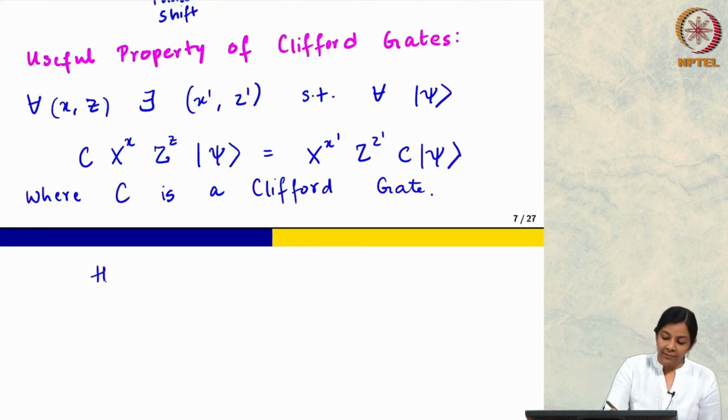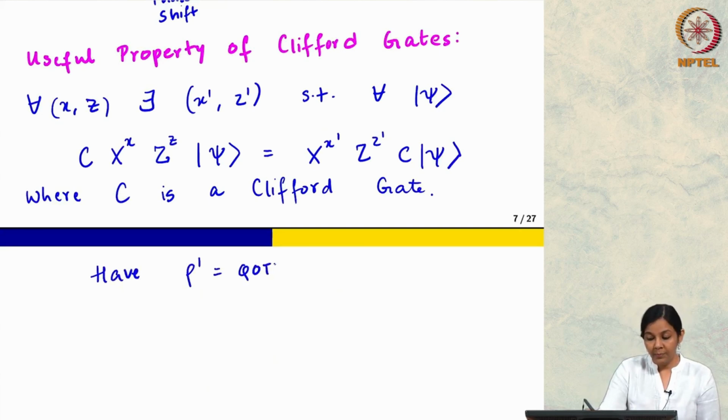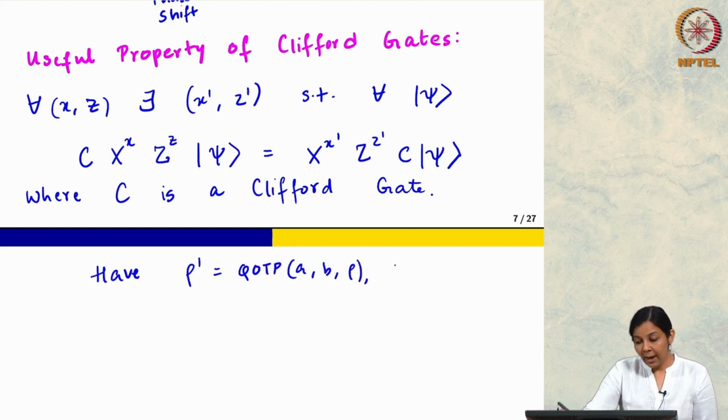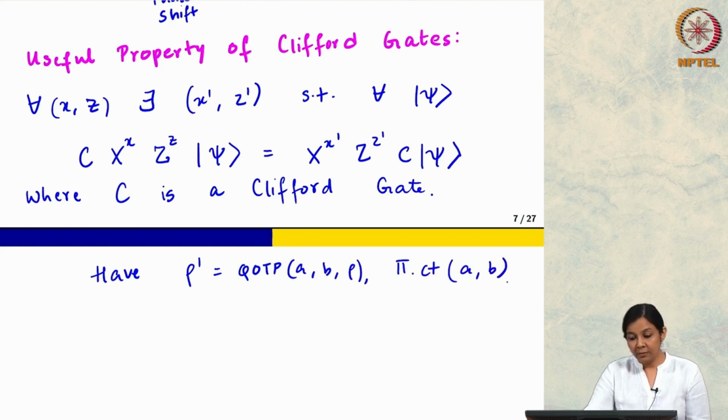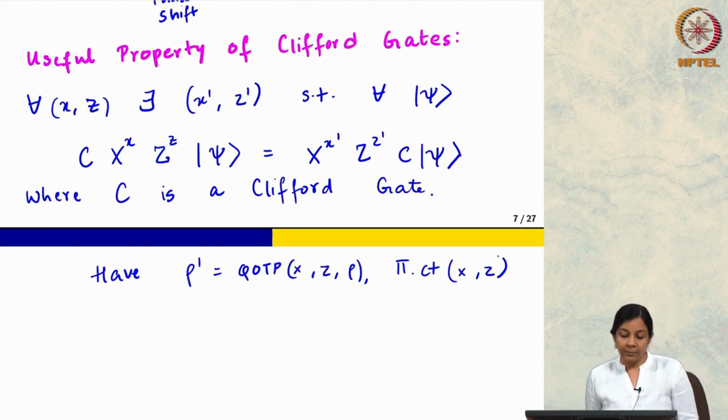So I have rho prime, which is QOTP AB rho, and I have pi dot CT AB. Maybe I'll change this to little x and little z to be consistent with the notation above.